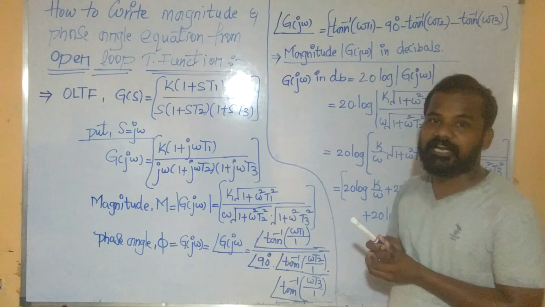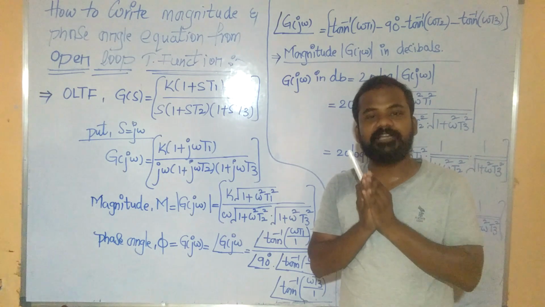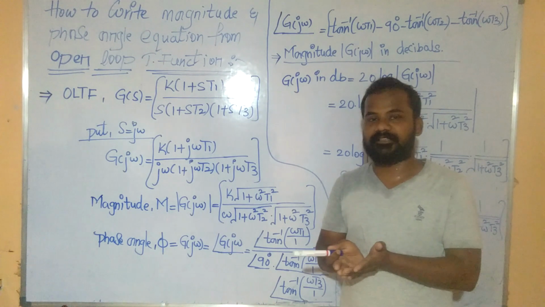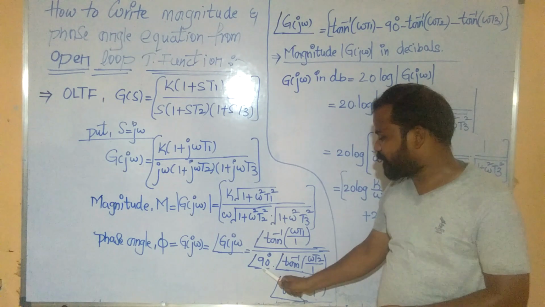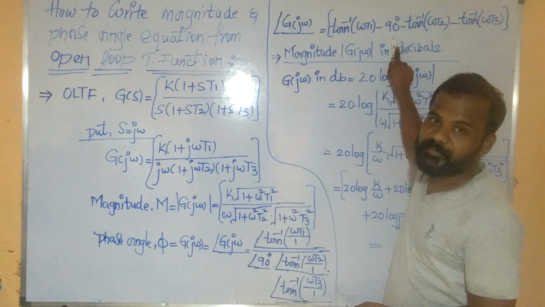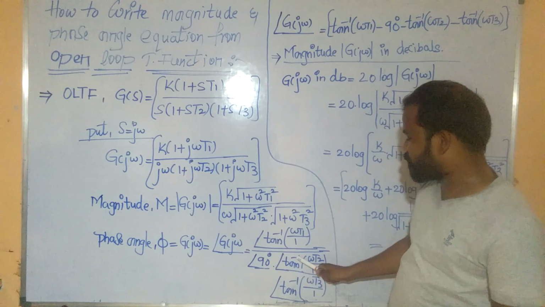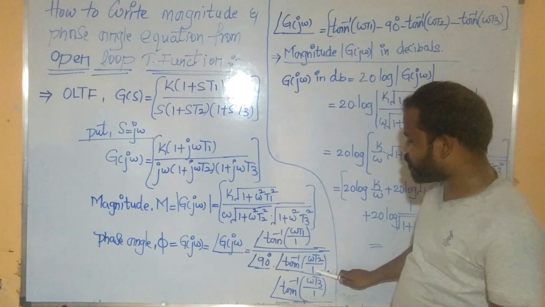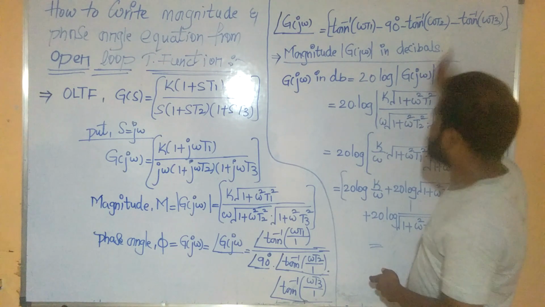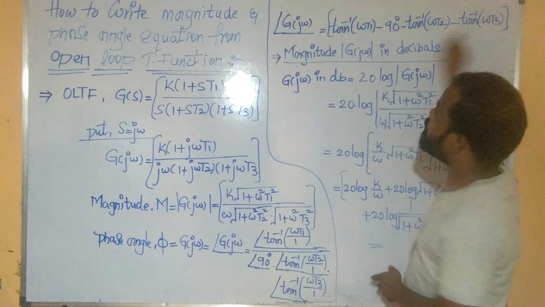But already you know that in the case of Bode plot, the multiplication terms are always converted into addition. That's why a denominator term, if it goes to the numerator, then minus 90, minus again this one, the denominator tan inverse of omega t2 by 1. If it goes to the numerator, minus tan inverse of omega t2, minus this last one, tan inverse of omega t3. Clear? So this is the phase angle equation.